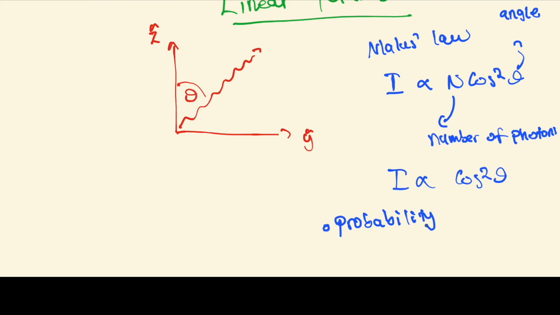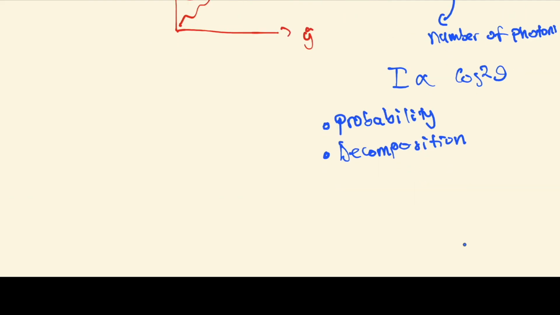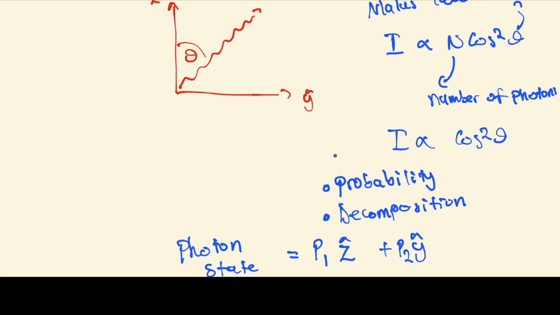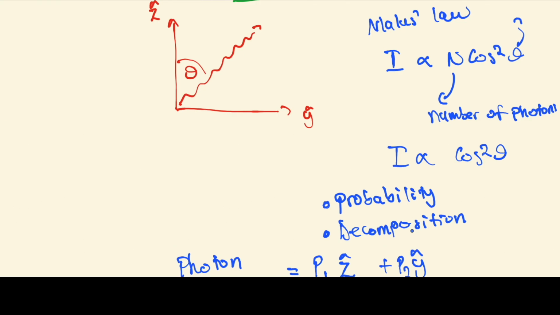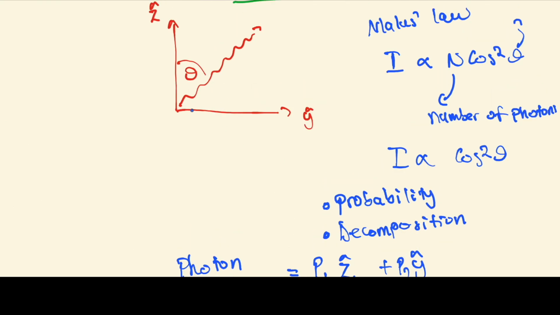And this led to the idea of decomposition, because we can imagine the state of our incoming photon as being composed of a z-axis component and a y-axis component with associated probabilities. So this is the point that I wanted to highlight for this experiment: the idea of probability and the idea of decomposition, that our incoming photon can be thought of as being made of a component polarized along the z-axis and a component polarized along the y-axis.